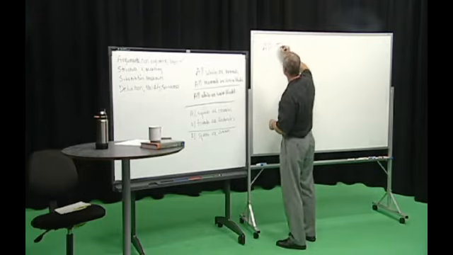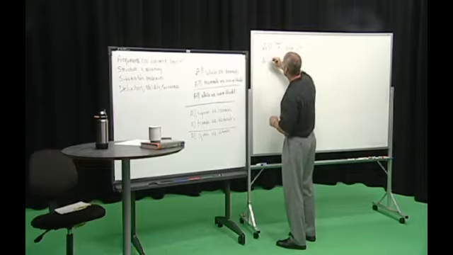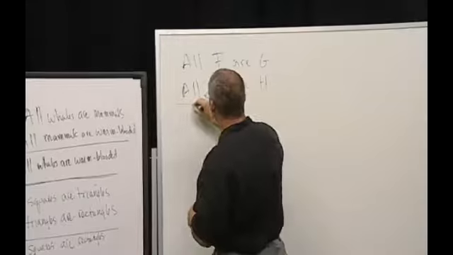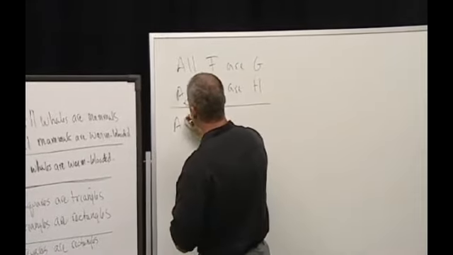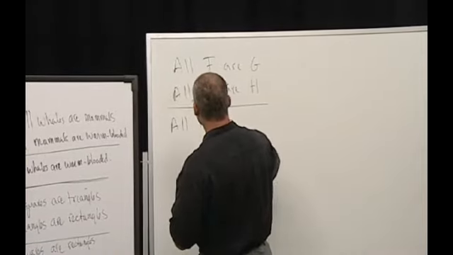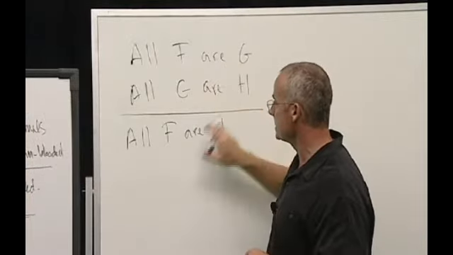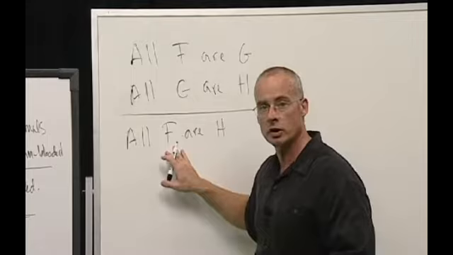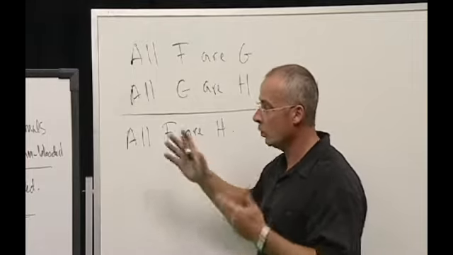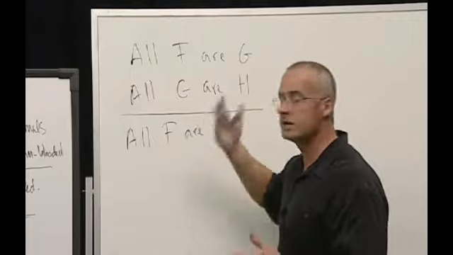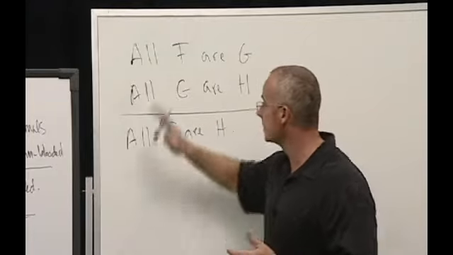All F are G, all G are H, therefore all F are H. Each of these letters stands for a particular term in natural language, like whales, mammals, squares, triangles. Okay, you can substitute in all sorts of different things for F, G, and H.